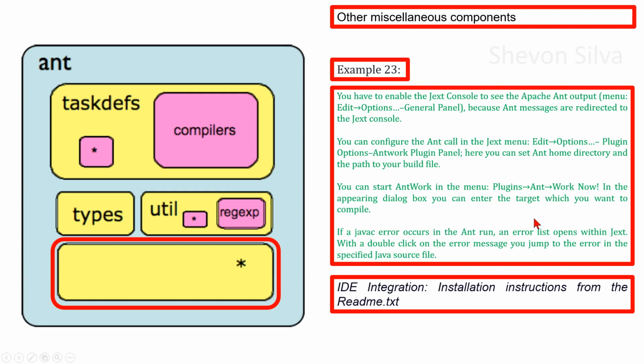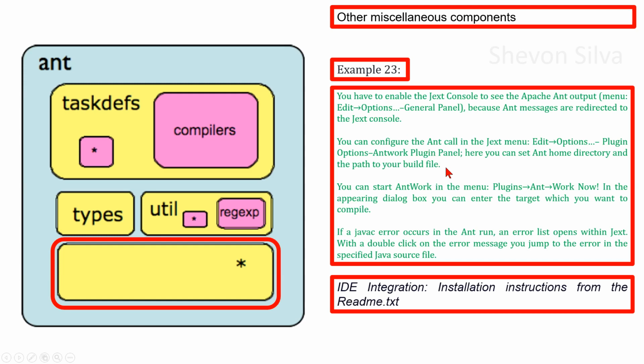Now we are considering installation instructions from the readme.txt in the Antwork plugin for the Jext Java text editor in IDE integration. You have to enable the Jext console to see the Apache Ant output: menu, edit options, then general panel, because Ant messages are directed to the Jext console. You can configure the Ant call in the Jext menu, edit options, then plugins options, then Antwork plugin panel.